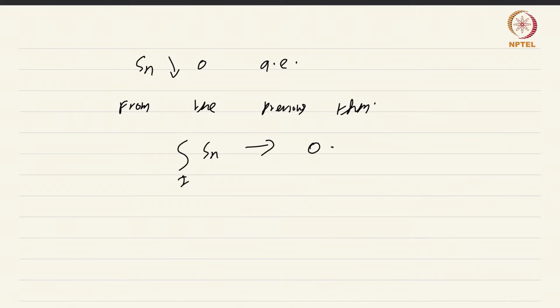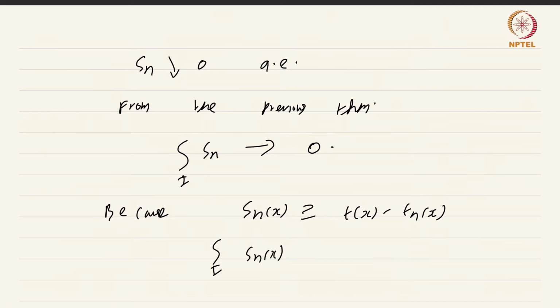Now because Sn(x) is greater than or equal to T(x) minus Tn(x), because it's the maximum of this quantity and 0, using the various properties of integrals of step functions, we get the integral over I of Sn is greater than or equal to the integral over I of T minus the integral over I of Tn.